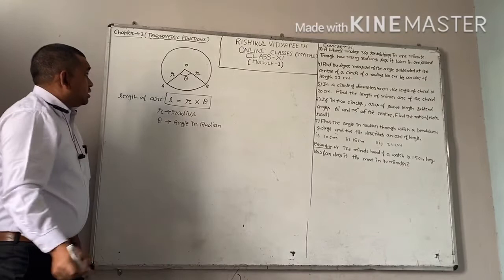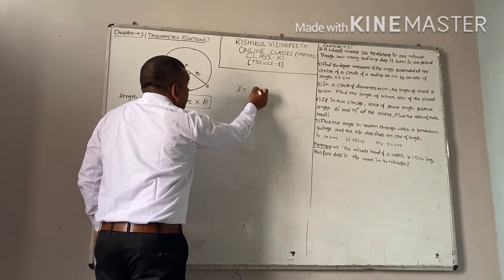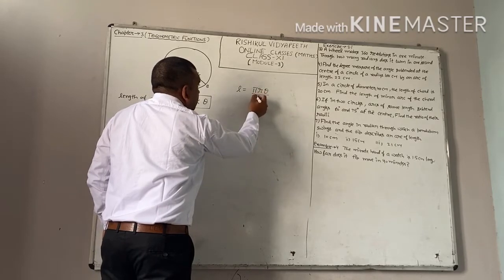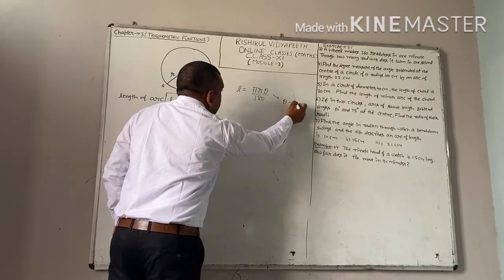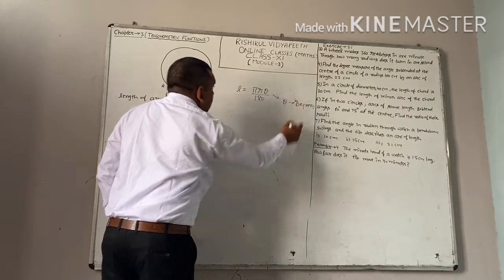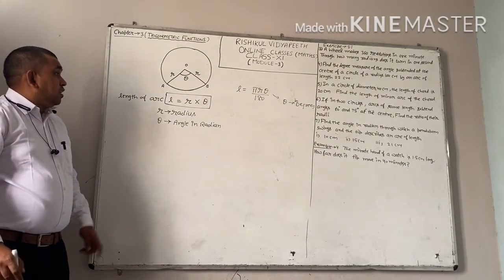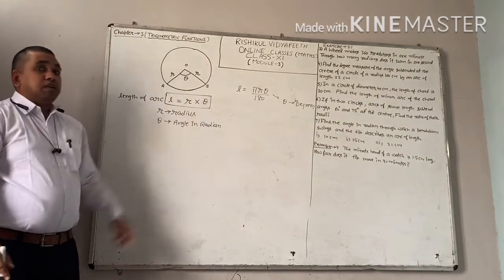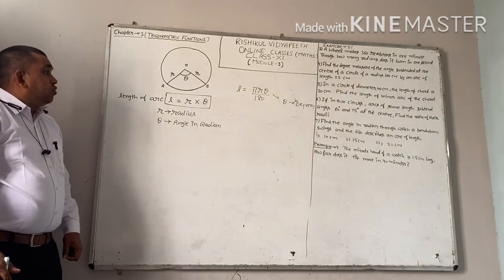In the previous class, your formula of length of arc was pi r theta upon 180, but there theta was in degrees, and here theta is the angle in radians. You have to remember this formula now. Length of arc L equals R into theta.